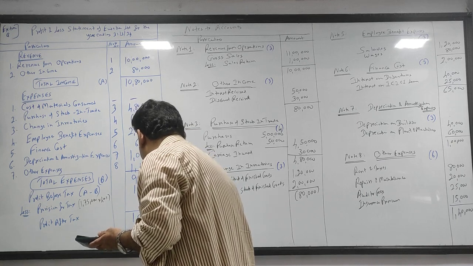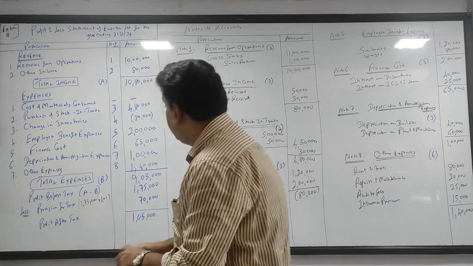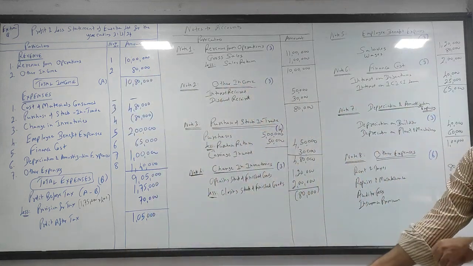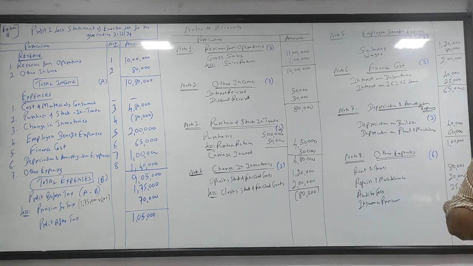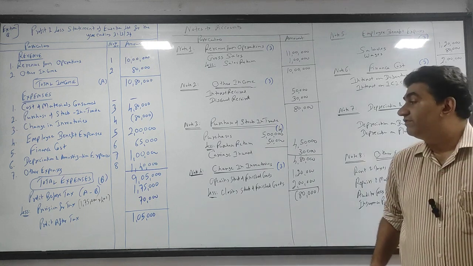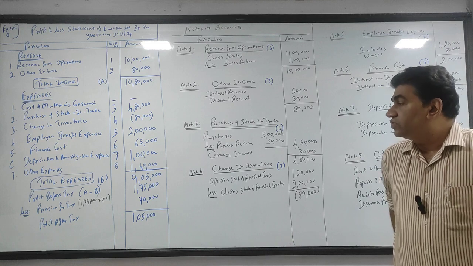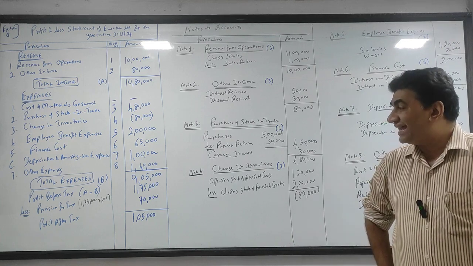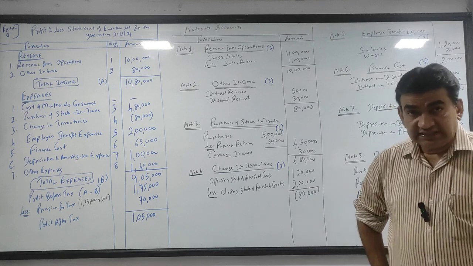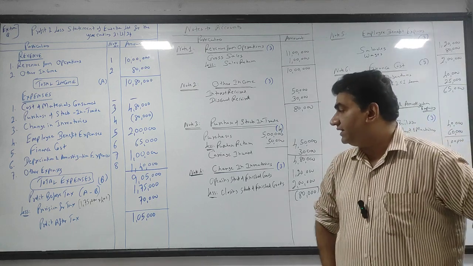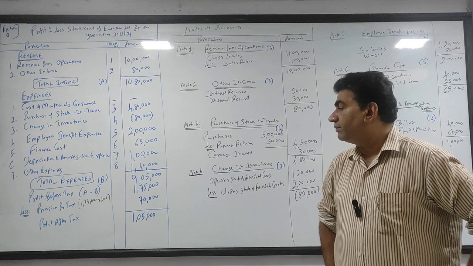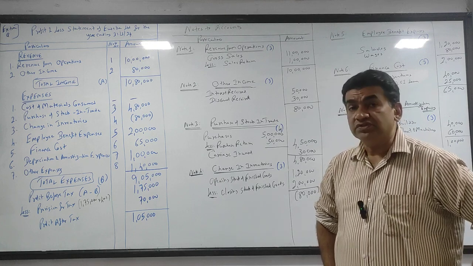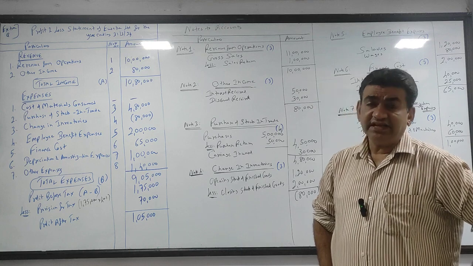So my profit after tax becomes 1,05,000. Clear? So profit before tax 175, 40% of it is tax, 70,000. 175 minus 70 gives you my profit after tax, 1,05,000. Clear with this guys?